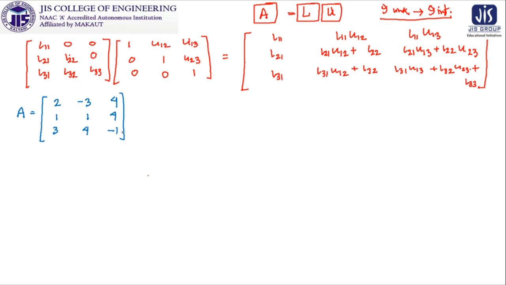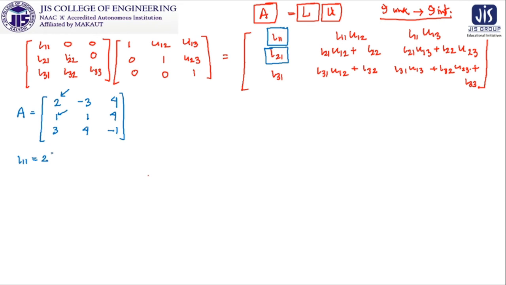So if this is my capital A, comparing the product of L into U, I can compare this L11 with my first information, then I can compare my L21 with my second information, and so on. And in this way we will get the total structure of L and U. So let us start doing that.